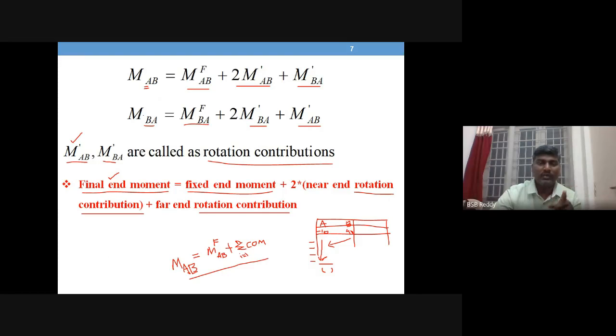It is for end A; similarly for end B, which means the final end moment is equal to fixed end moment plus 2 times near end rotation contribution plus far end rotation contribution. Okay, thank you.